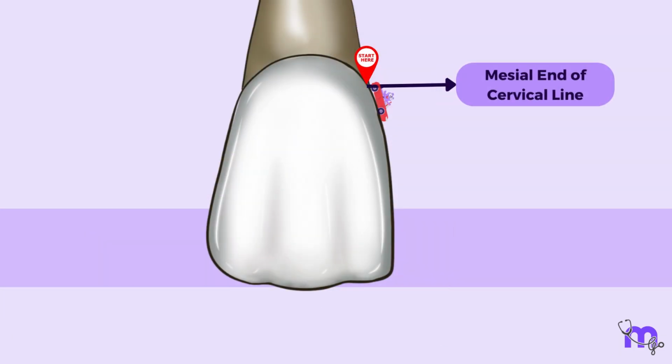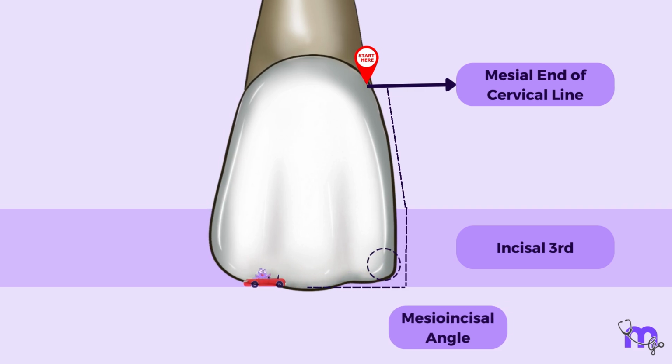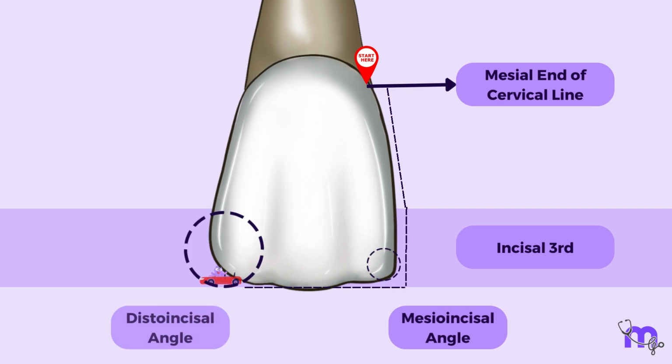Let's start from the mesial end of the cervical line. The line is relatively straight till the incisal third, and the maximum crest mesially is seen at the mesio-incisal line angle. From here, the outline is almost straight till the disto-incisal line angle.